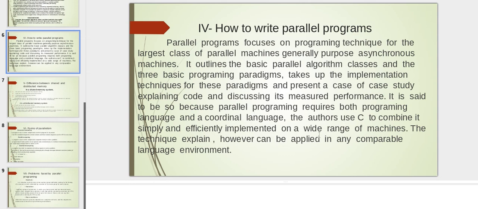The author used C to combine it, simply and efficiently implemented on a wide range of machines, because it is more compatible on almost all kinds of machines. So this is how to write parallel programming. We take into consideration the three main paradigms and the efficiency of implementing it on several environments, that's the execution environment.